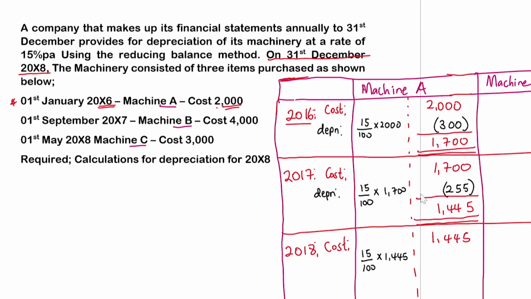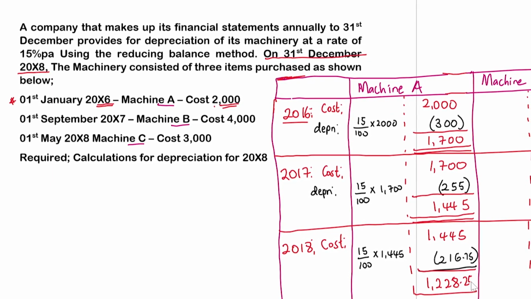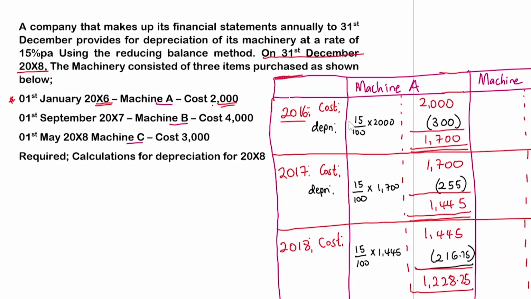So that is going to end up leaving us with 216.75. When we subtract that, we shall end up with the net book value, of 1,228.25. That is as far as machine A is concerned.